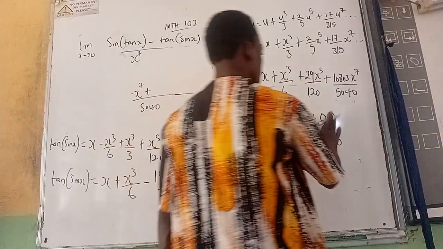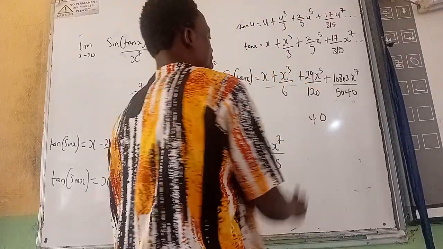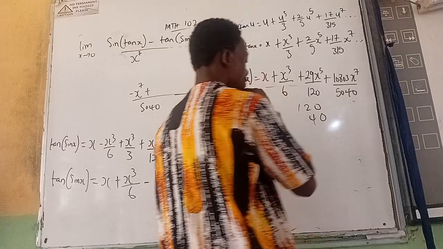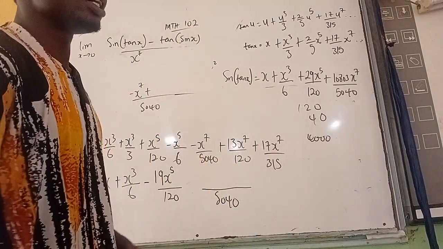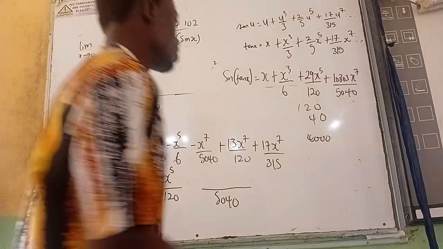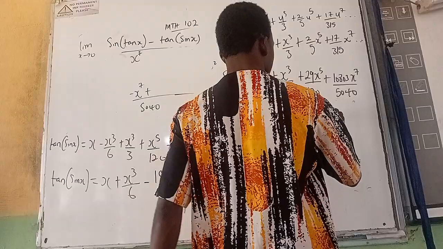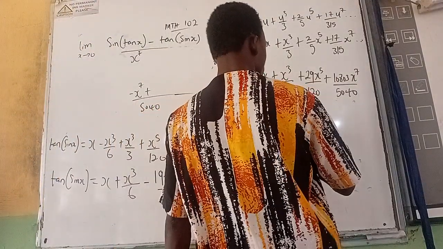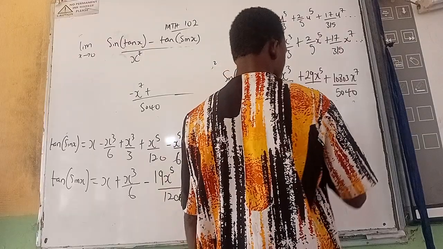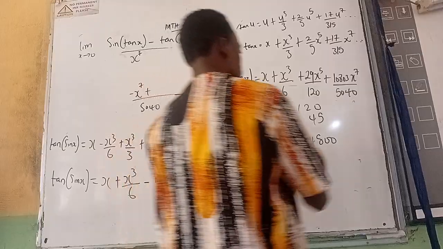Let's say 40 rather. 4 times 100, that's 4,000. 40 times 120. 40 times 100, that's 4,000. 40 times 20, that's 800. It's not up to that. So let's say 40, 45. 45 times 100, 4,500. 45 times 20, it's not, let's say 42.